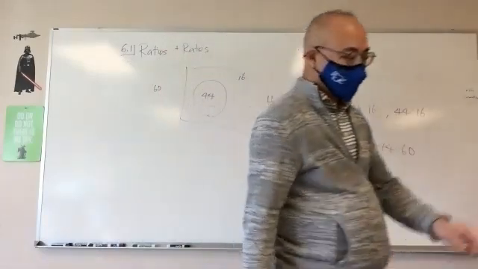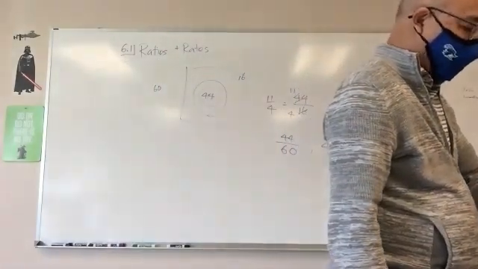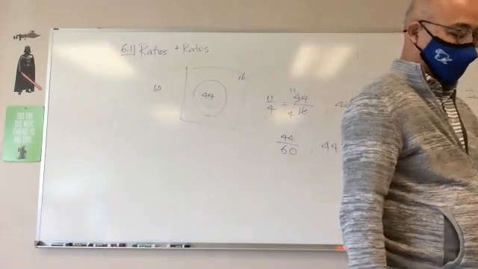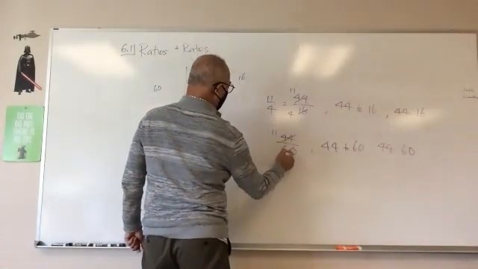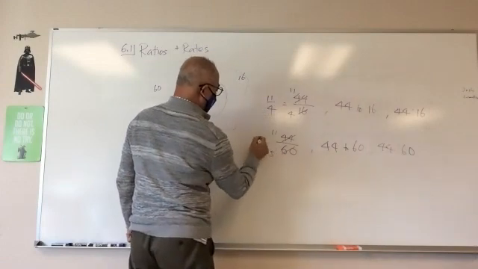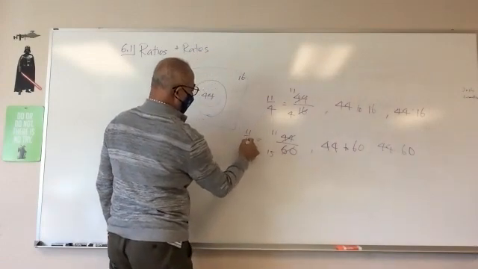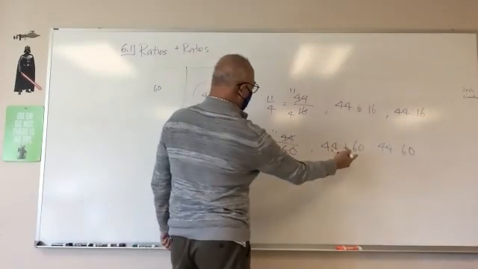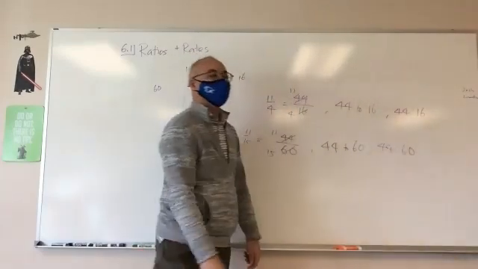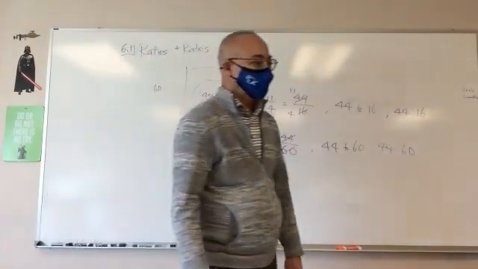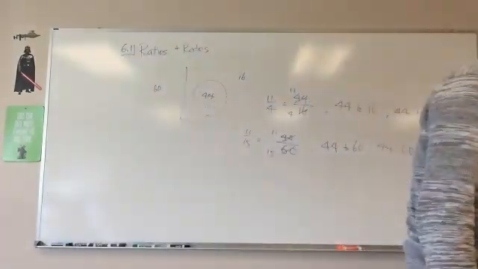So that's how we can write it. And again, this is reducible to what? 11 over 15, right? So it would be 11 over 15 or 11 to 15 or 11 colon 15, correct? Okay. Flip the page, let's go to example number 2.